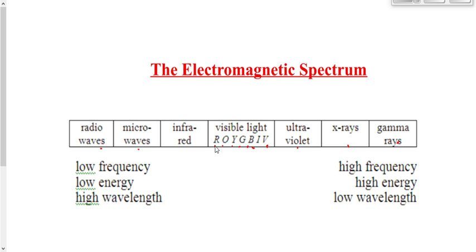What, the good news or the bad news? The bad news first? Okay. The bad news is this. There are 7 types of electromagnetic radiation here. Each of these types of EMR have a range of frequencies, a range of wavelengths, and a range of energies associated with them.